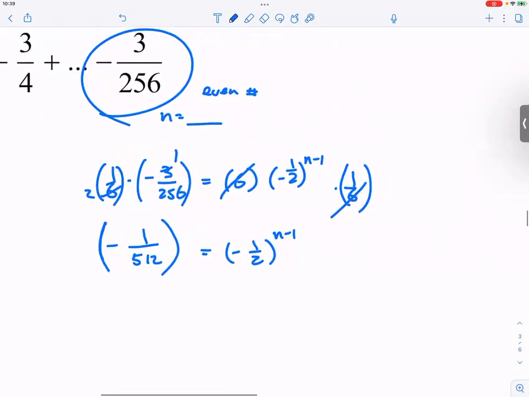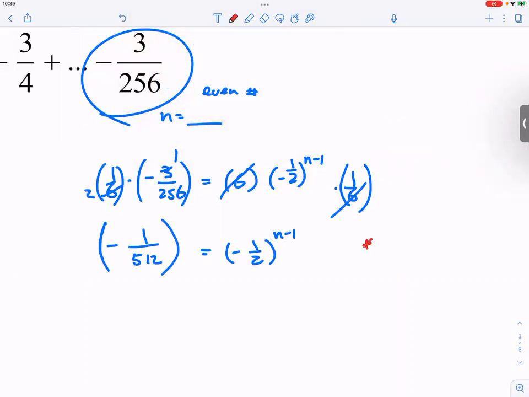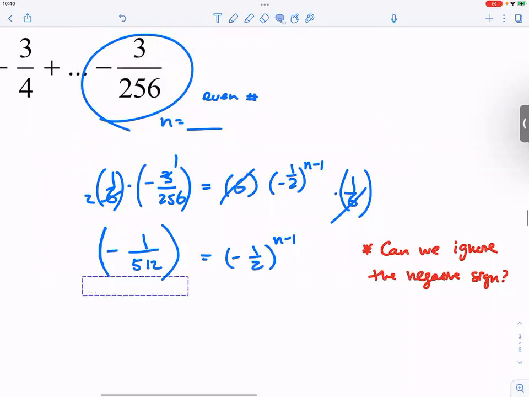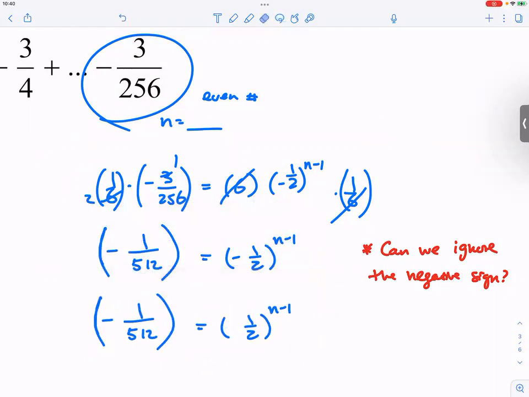Now I'm going to also throw in an additional question, and that is, can we ignore the negative sign right here? Meaning that, can we just go ahead and say this?